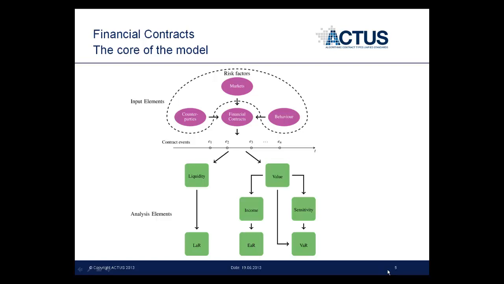Taking what we have said so far, the task of ACTUS can be grouped under the four following headings. First, we define and specify the algorithms for 30 contract types. Second, we create a data dictionary for all necessary attributes.